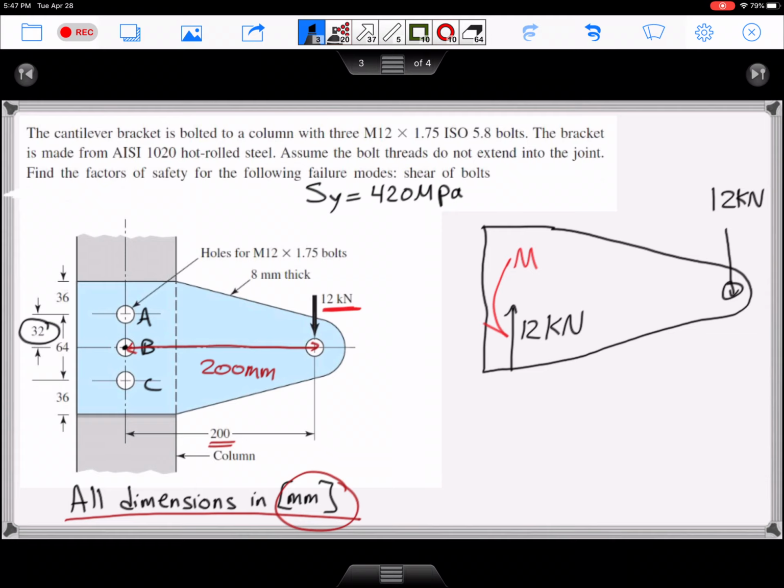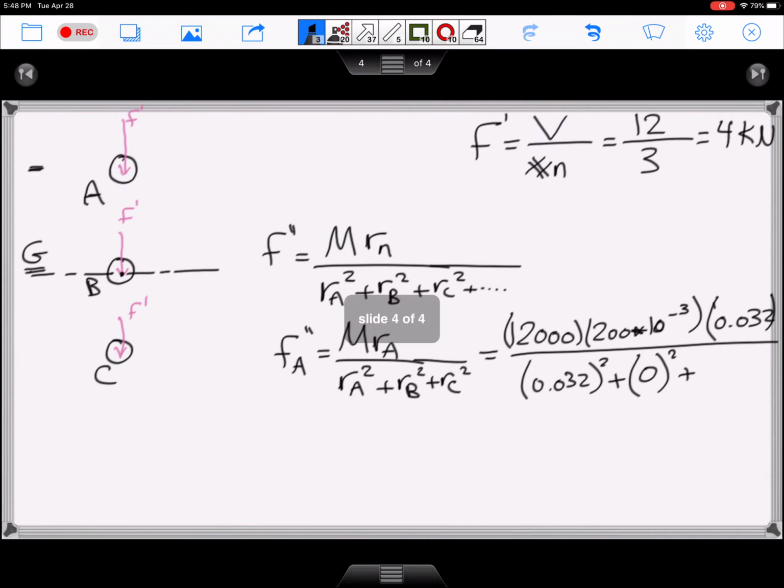This whole distance from A to C is 64, and from B to A is 32, so from B to C it's also 32 millimeters. So it's going to be 0.032 squared, and if you plug it into your calculator, it's going to be 37.5 kilonewtons.